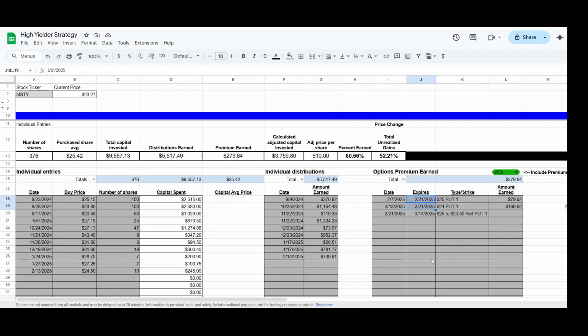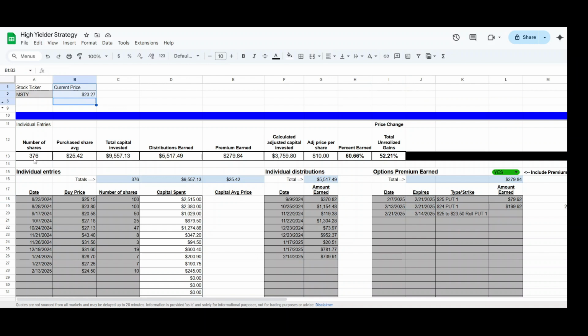Okay, so here we are on my spreadsheet for MSTY. It is exactly where we left off before. This is the same sheet as you've seen on my previous video. It has the current price up here. As you can see, it's $23.27.